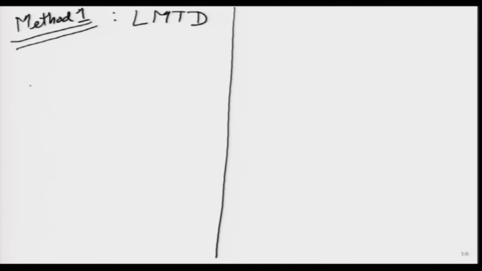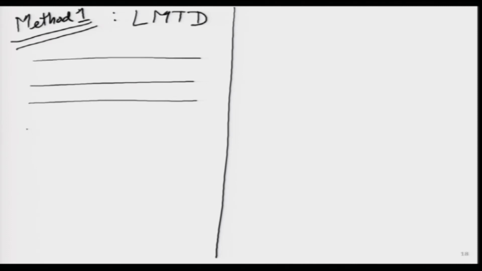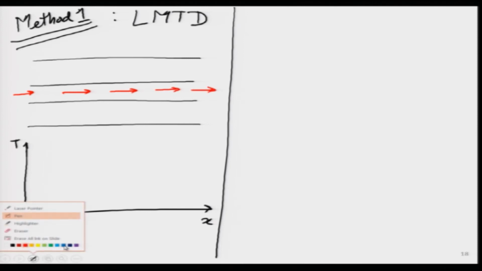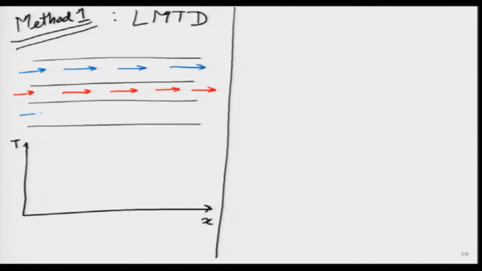In the differential analysis, I will draw it very quickly over here. What we are doing is again looking at the counter flow heat exchanger with this type of temperature profile. So, the hot fluid is flowing like this. Sorry, we are not looking at counter flow, we are looking at parallel flow.